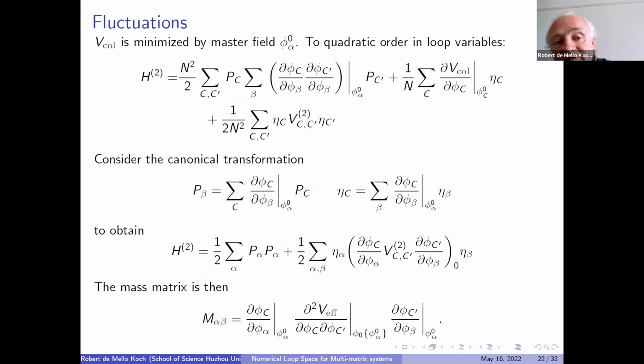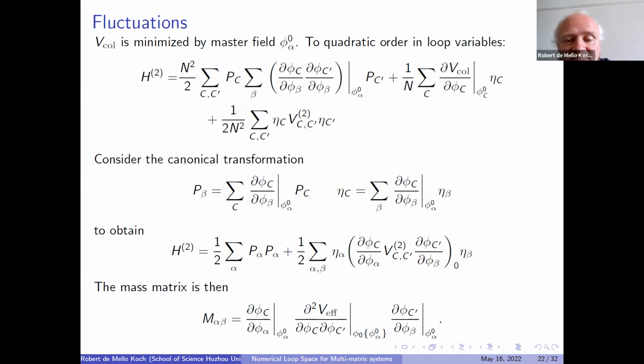Good. Then we can also express fluctuations in terms of master variables. The first equation here is just the quadratic Hamiltonian, now rewritten in terms of master variables. We could have worked with that directly. It turns out it's useful to consider the canonical transformation, where we multiply PC by a factor. It now picks up the master variable index, and we multiply eta by a factor, so it also picks up the master variable index.